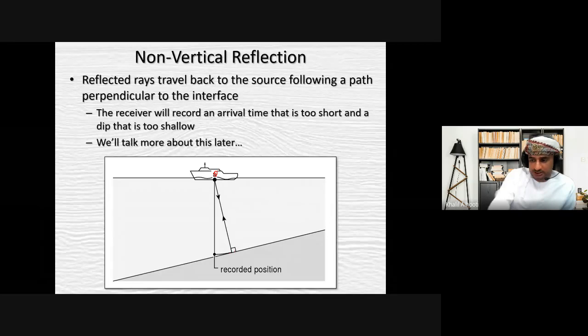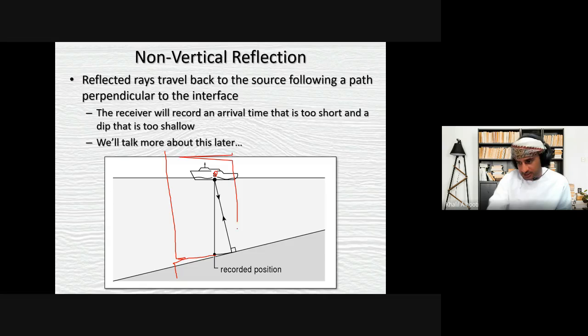That's your assumption made here. So it's a mispositioning. You think it was straight, that it came from here, deeper, but it actually came from here. So some slight mismatch.